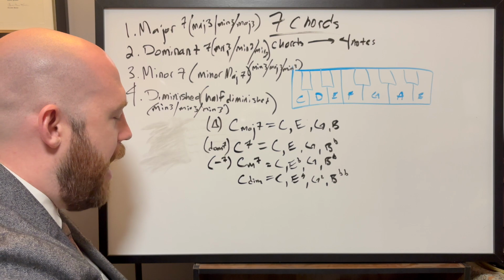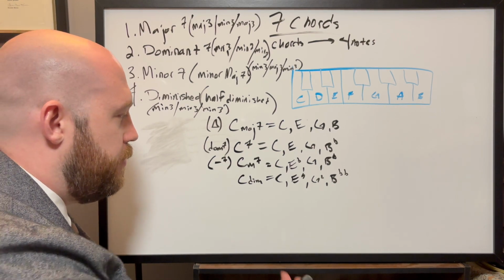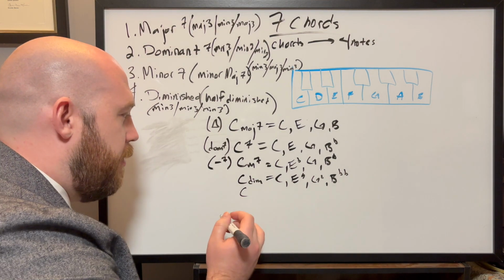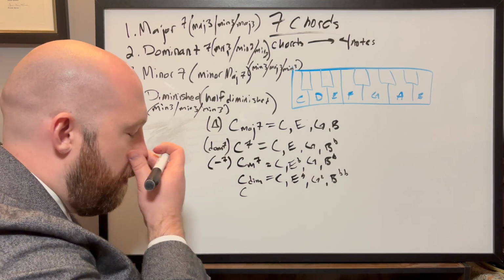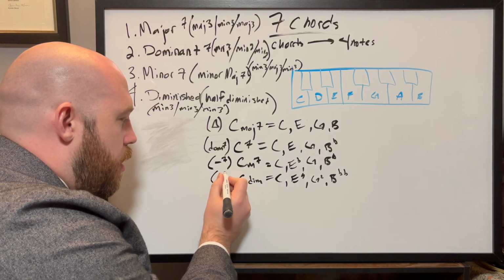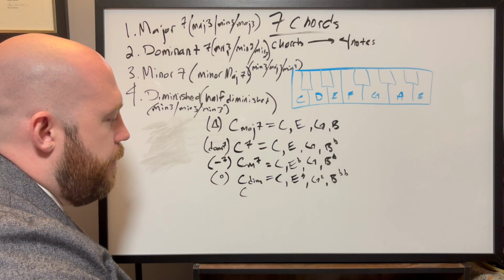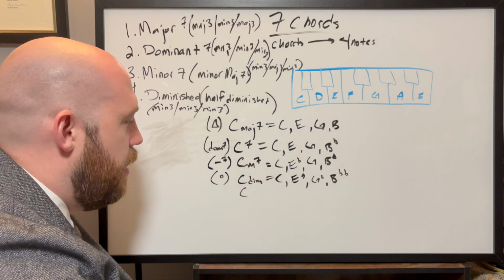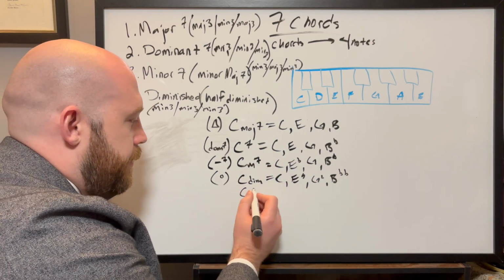Now, where the half diminished comes in, there's a couple different ways to write this. The symbol for diminished, first of all, is just a circle, like Fahrenheit, degrees Celsius, just a circle.